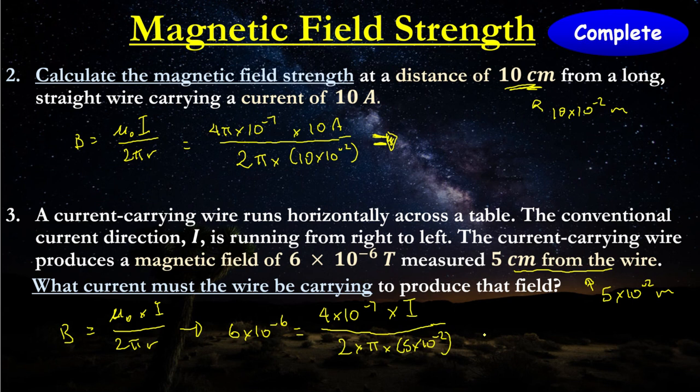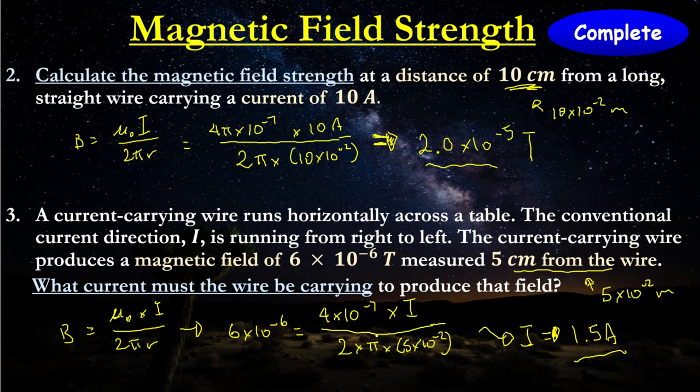Rearrange everything across, and our value of I will be the following. Let's go into the answers. The first one we get is 2.0 times 10 to the power of minus 5 teslas, and the next one we get is 1.5 amps. Okay, and that's how you do the response.